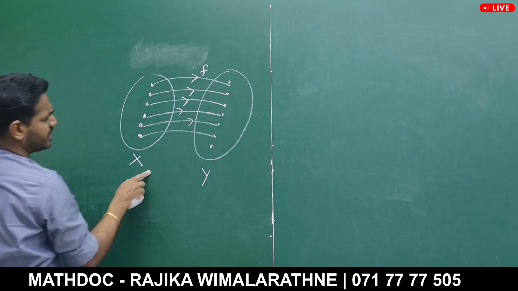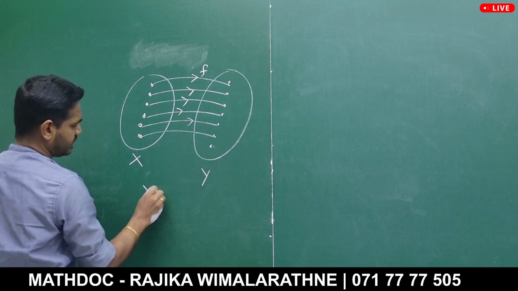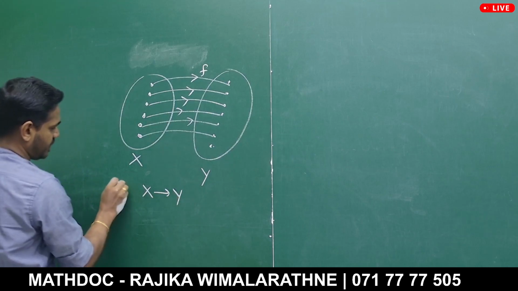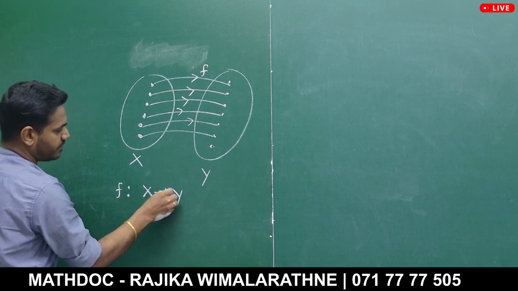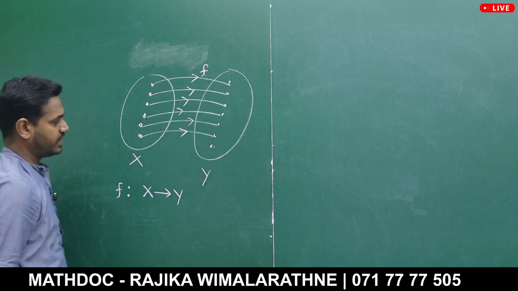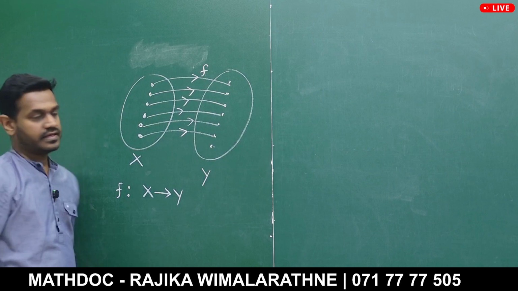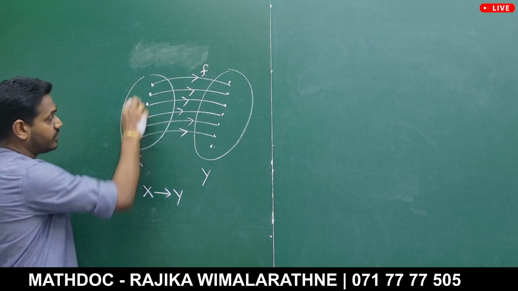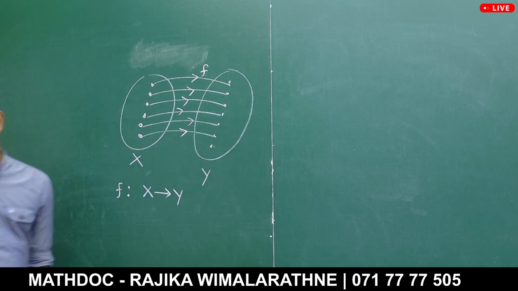Here capital X, capital Y, then capital X into Y. F colon, function or rule, X into Y. We define that as f. Just sketch this one again. There is no extra value here. All values have a connection.